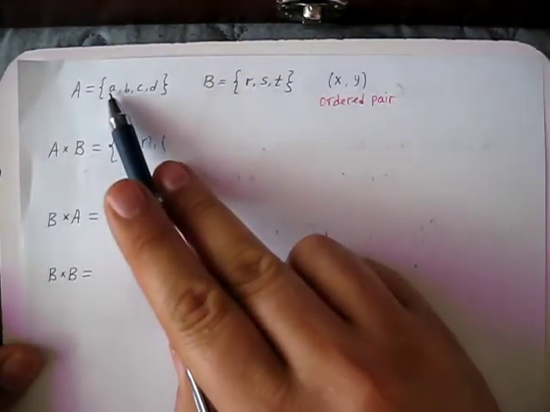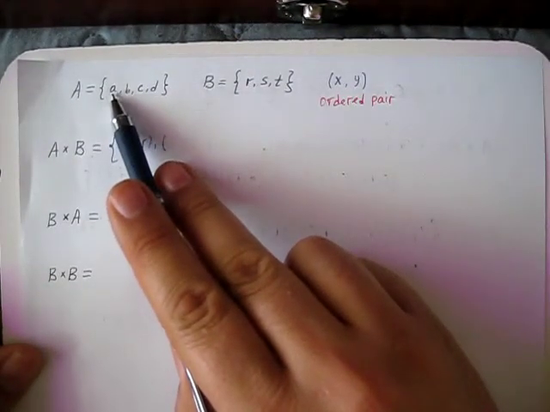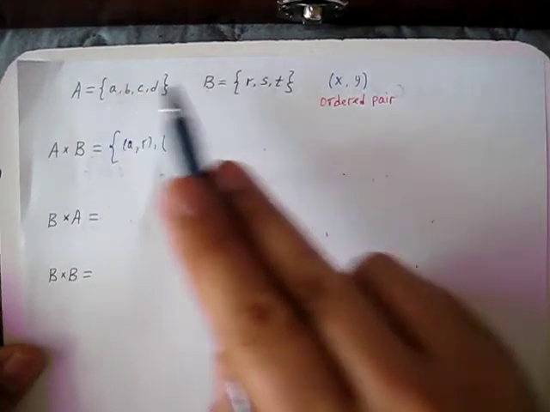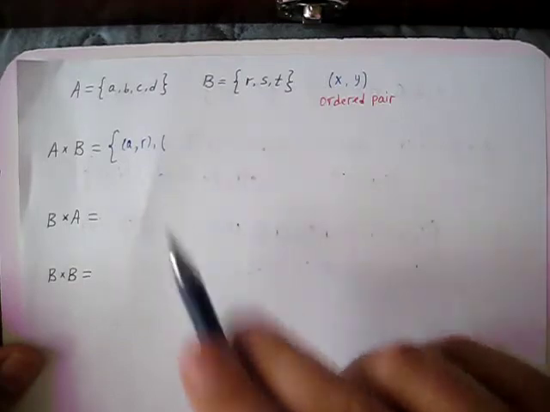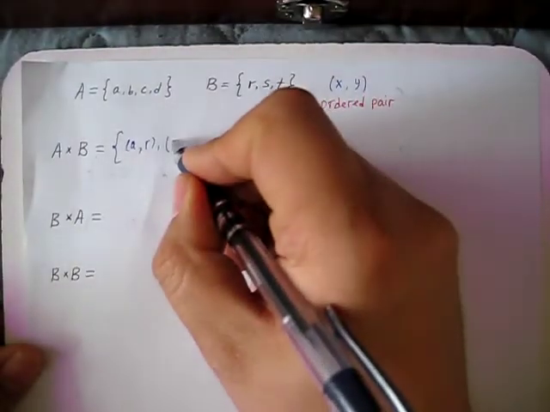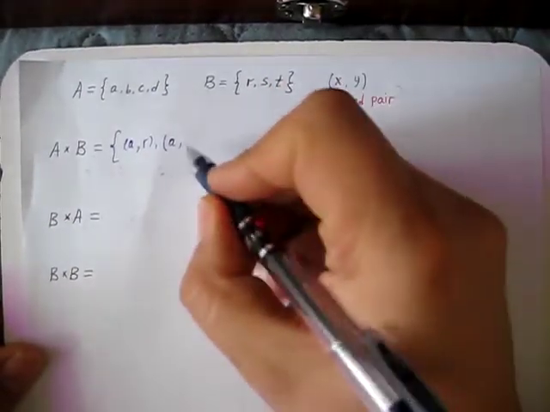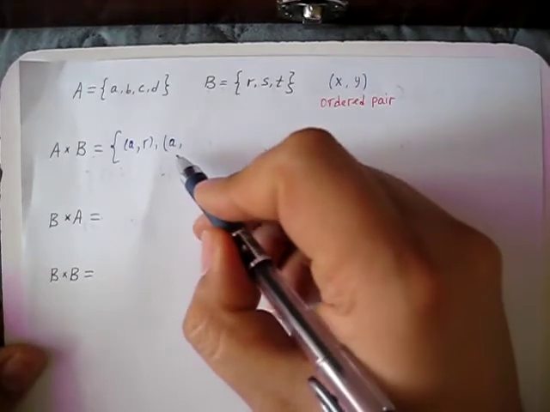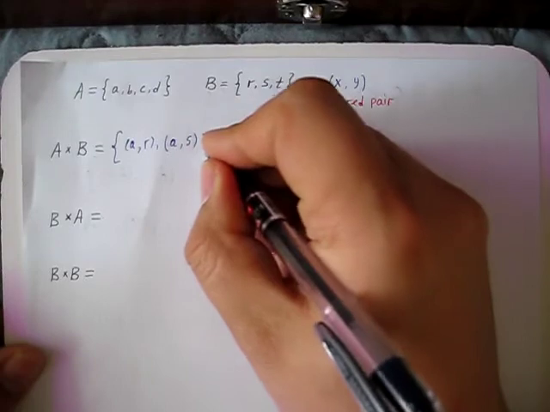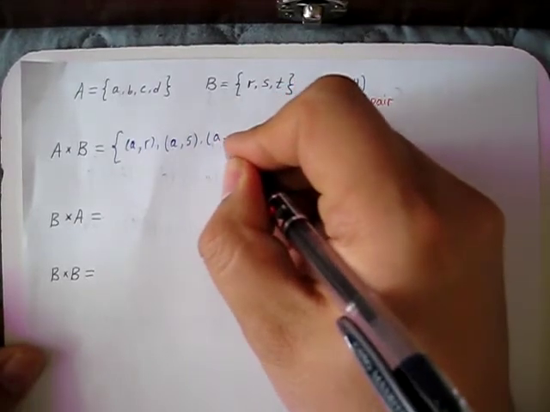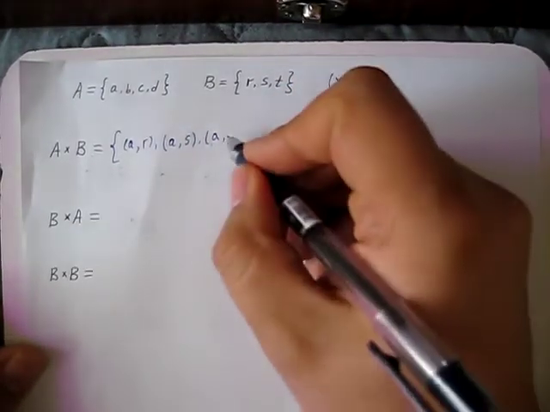So we will use the first element in set A with each element of set B to construct the ordered pairs. So that means the next ordered pair will be x component A, y component is S. X component A, y component is T.